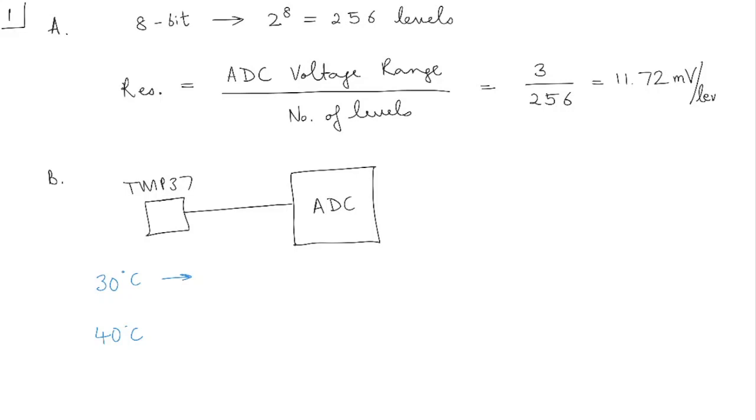So it's 600 millivolts corresponding to 30 degrees Celsius, and 800 millivolts corresponding to 40 degrees Celsius. So 30 to 40 degrees Celsius gives 200 millivolts as the range of voltages that the ADC is going to get.